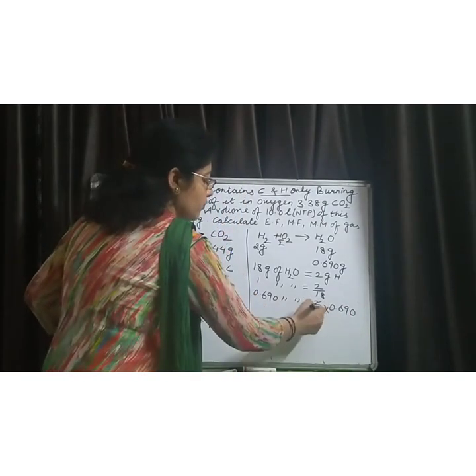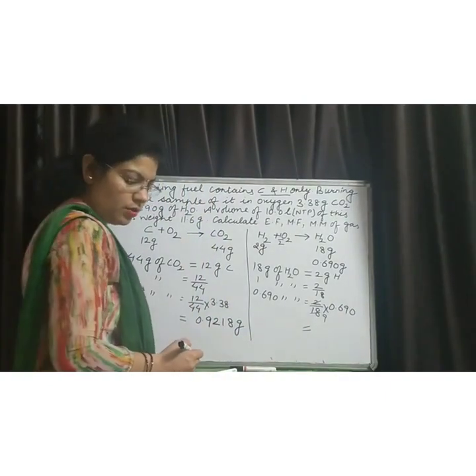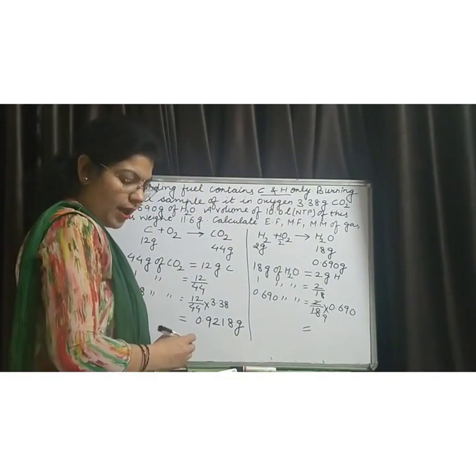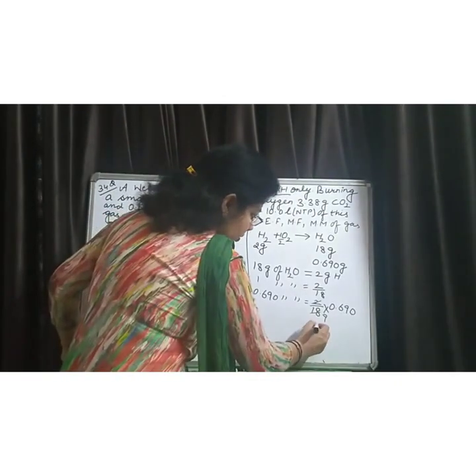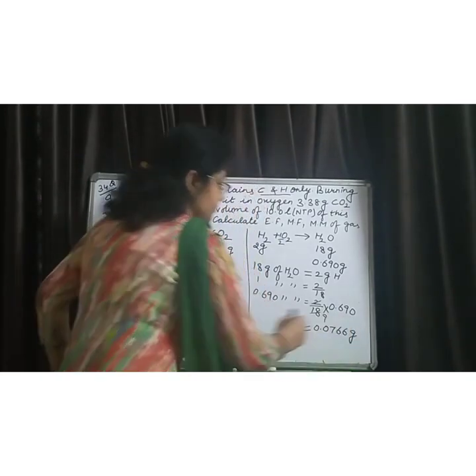When you solve this, you get the amount of hydrogen present in this compound, and it comes out to be 0.0766 gram.